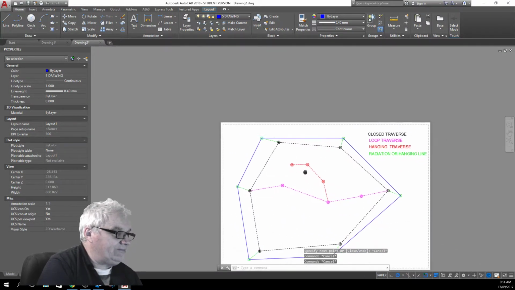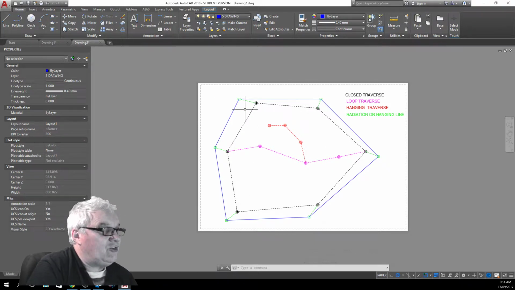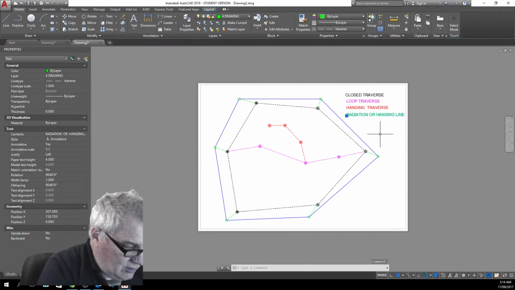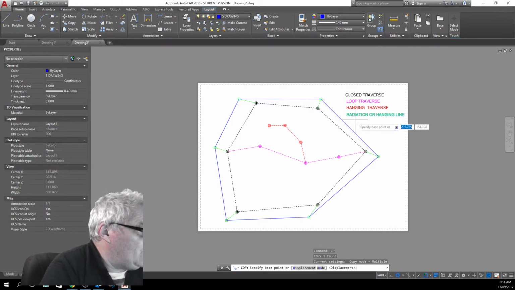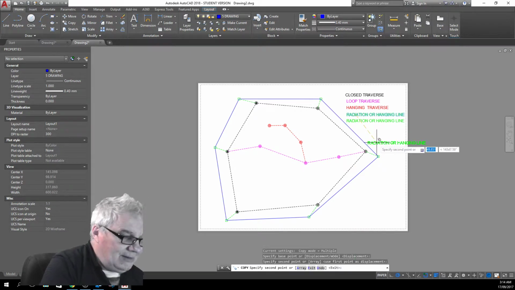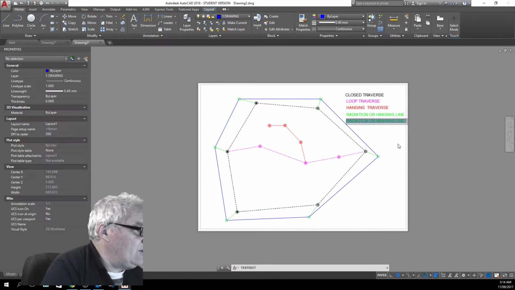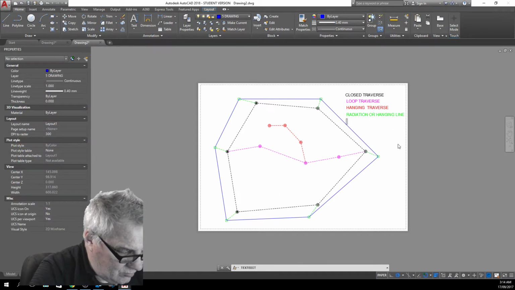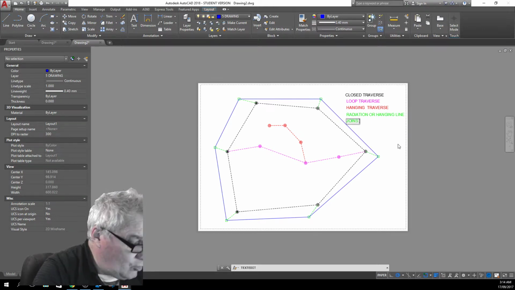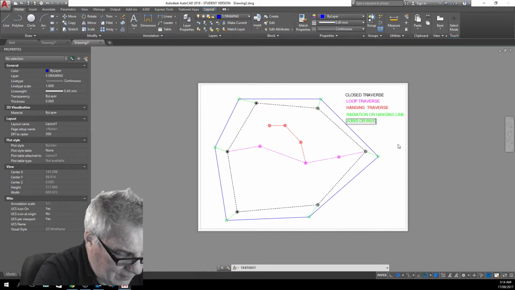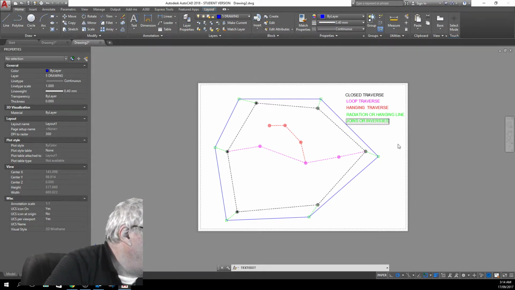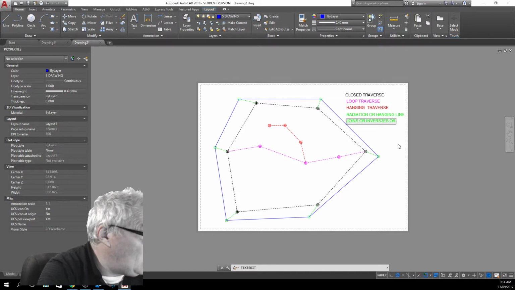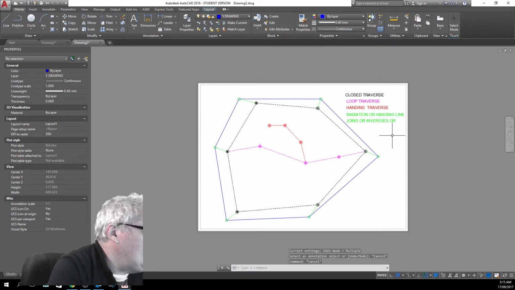One of them is that we can coordinate all our traverse points, and then we can coordinate the boundary points, and then we can work out the distances by using total coordinates, joins or inverses, or sometimes called missing lines.